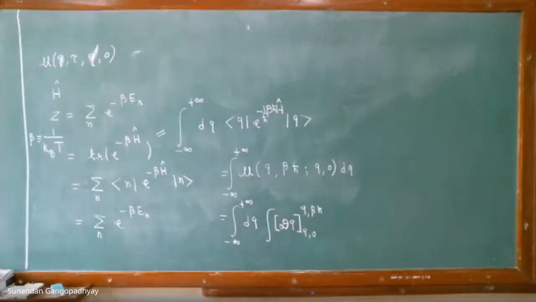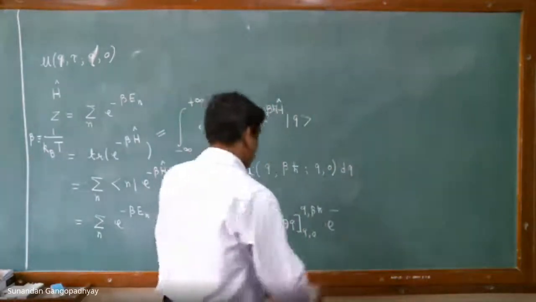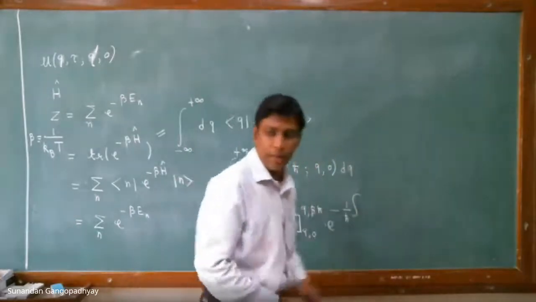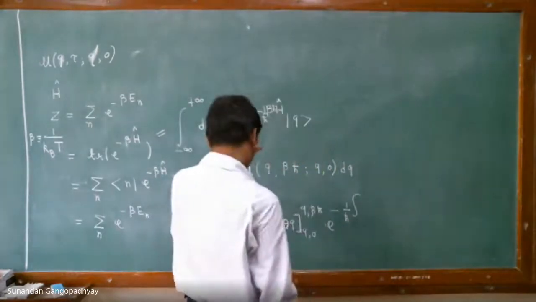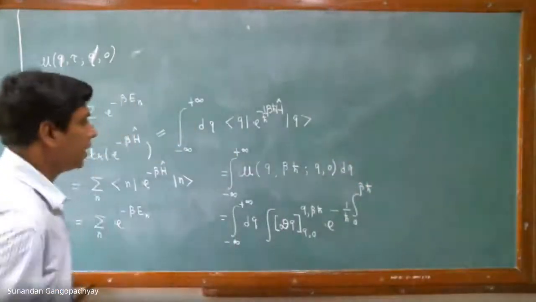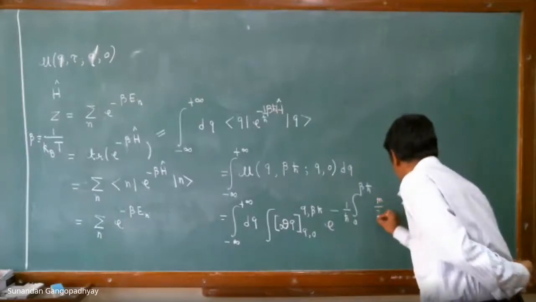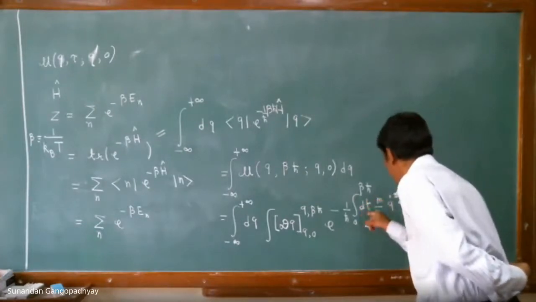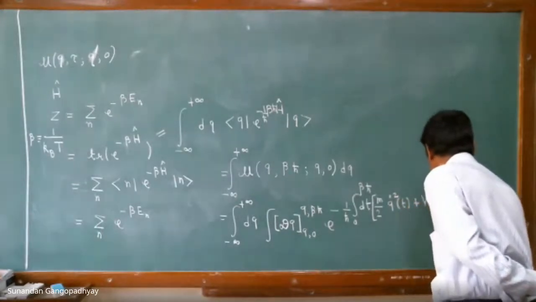And then we have e to the power of minus 1 by h bar integral, where the Euclidean action will be there. So what you will get is integral from 0 to beta h bar, and the Hamiltonian of the system can be written as m by 2 q dot square plus V.